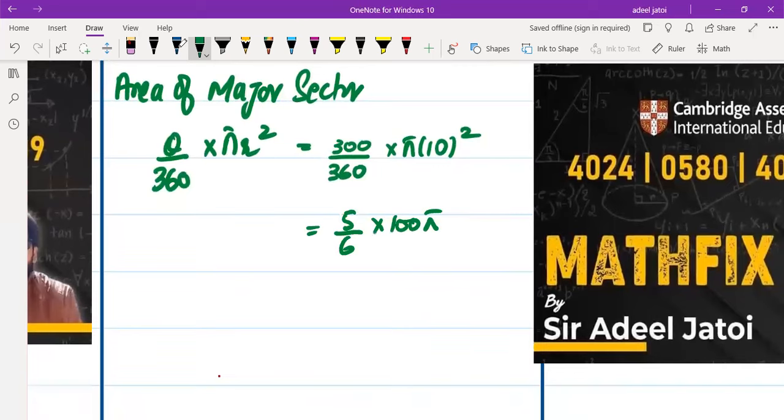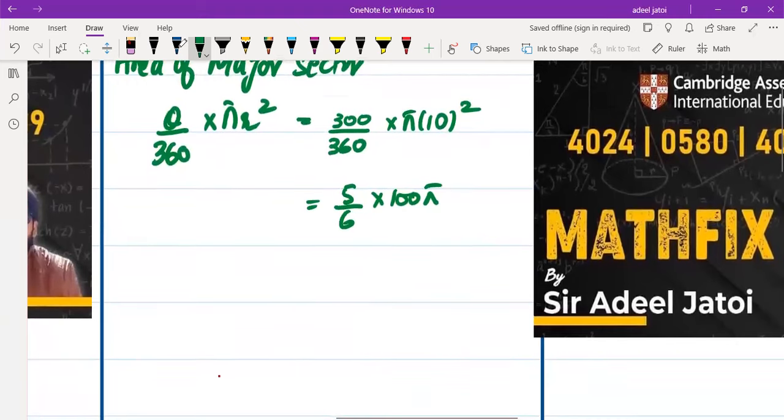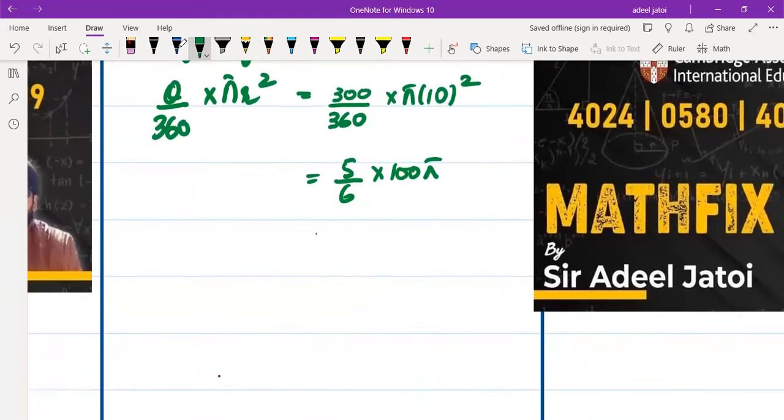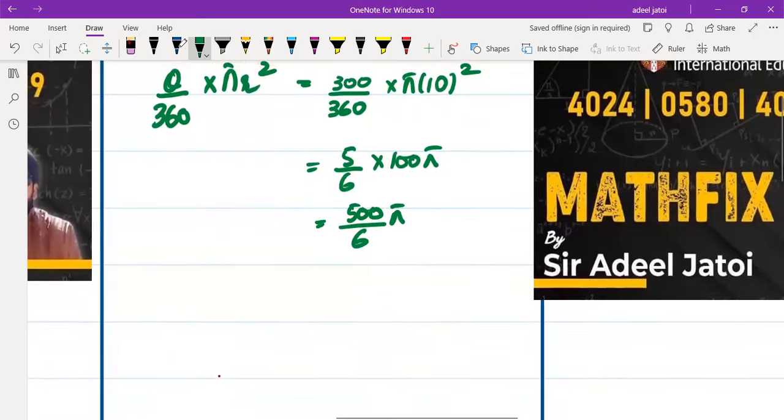Everything is the same, just the ratio has changed. So this will be 500 upon 6 pi. If we divide by 2, this should be 250 upon 3 pi.